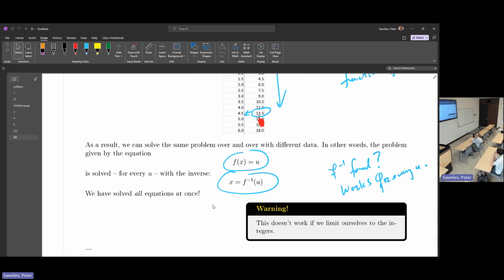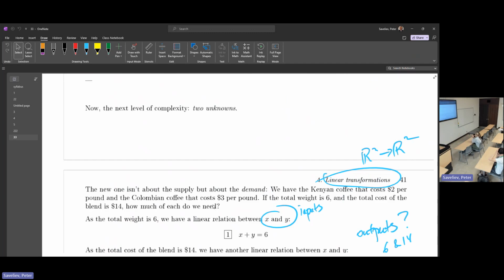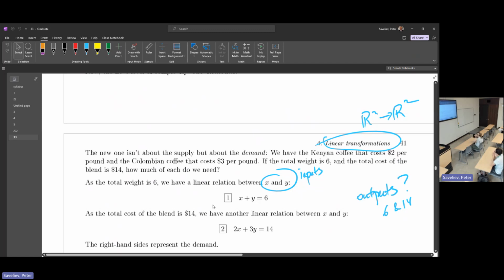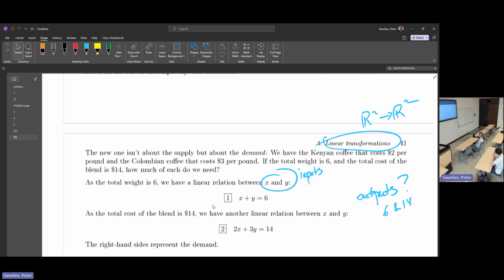The prices and those 4 coefficients are set up, and the 2 inputs are x and y, the weights of the 2 types of coffee, and the outputs are the two requirements. In this particular problem, 6 and 14 are the required outputs, and that creates a function of 2 inputs, 2 outputs, 2 plus 2.